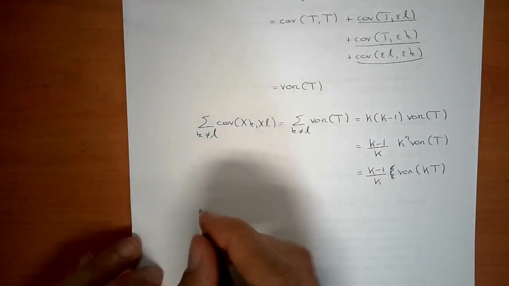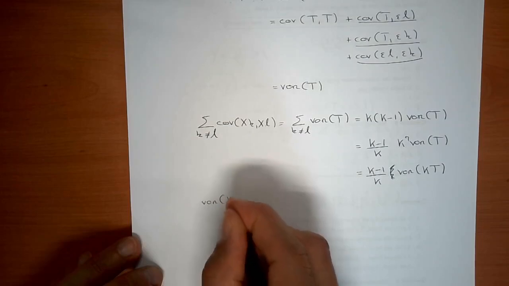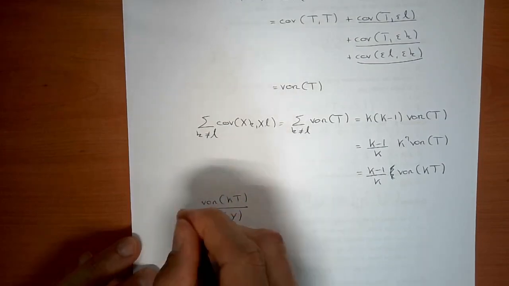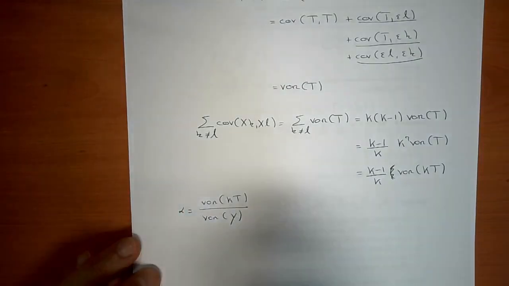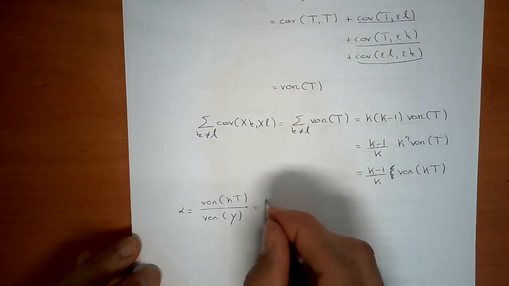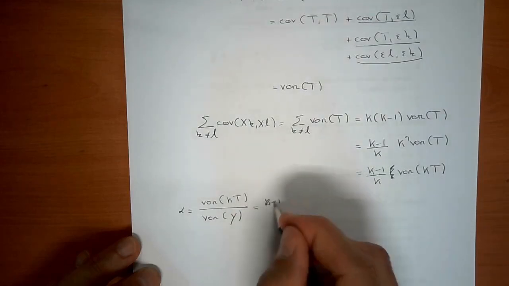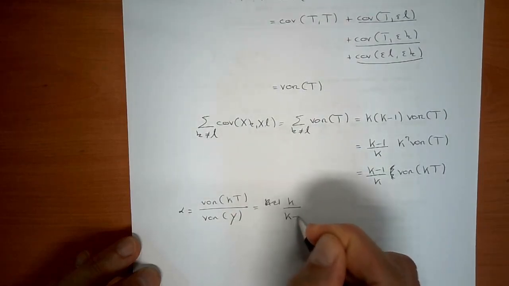All right, so what do we get? We get that the variance of kt divided by the variance of y, this was my alpha, right? Well, this is k minus 1. No, you have to bring it to the other side. It's k divided by k minus 1.